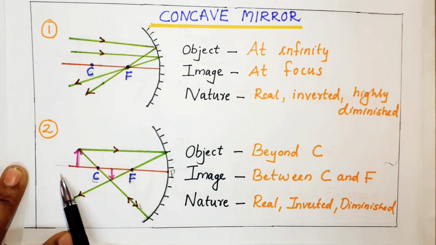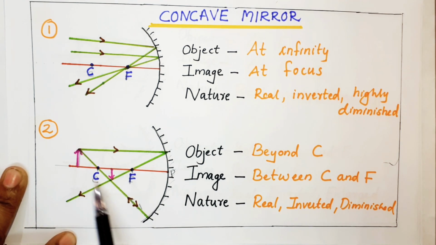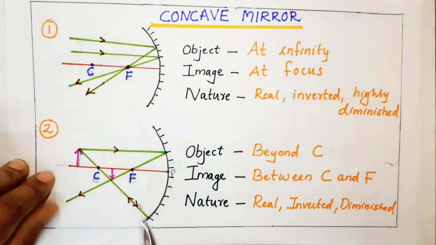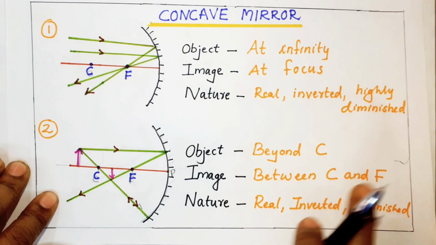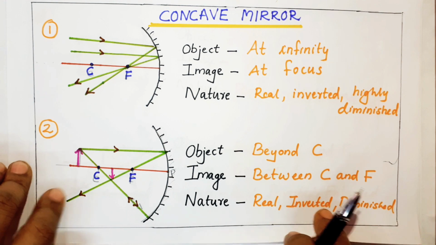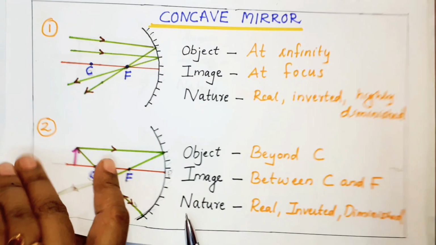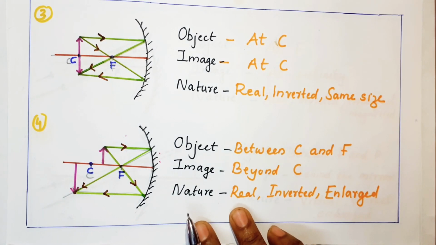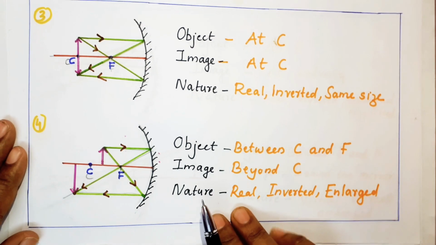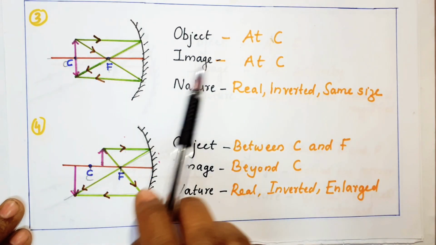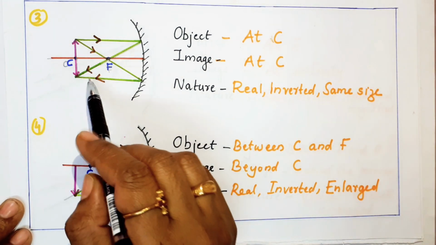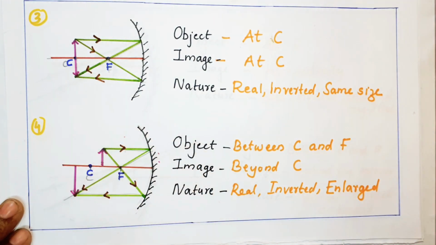And you see it is smaller than the object, so we can call it a diminished image or a smaller image. Okay, first two ray diagrams. Next I am keeping the object at C. We are keeping the object at C.